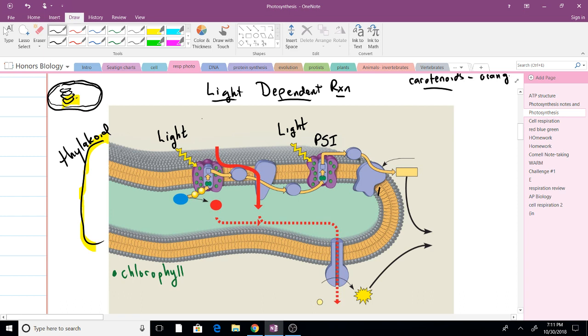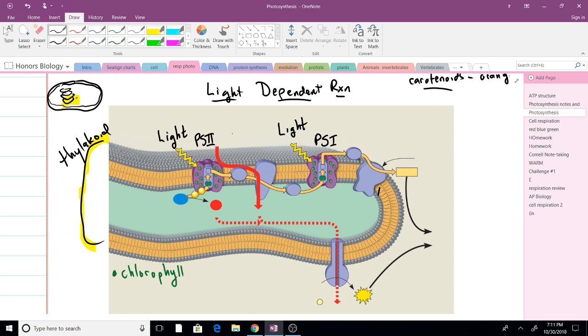But because it was discovered second, they called it Photosystem 2. So that's a little frustrating, and I get that. Sometimes I like to think of it as like a countdown, 2, 1, 0, and sometimes that can help me remember that it goes photosystem 2 and then photosystem 1.